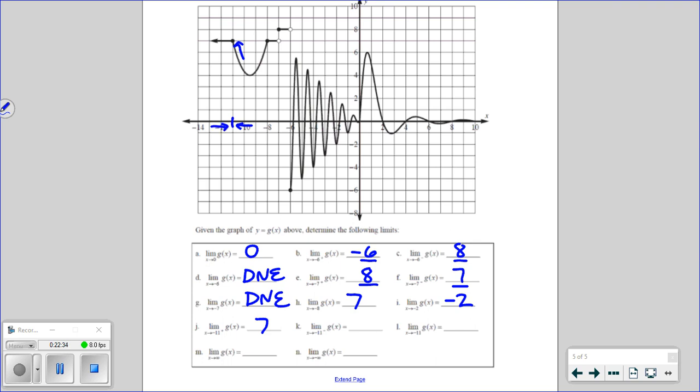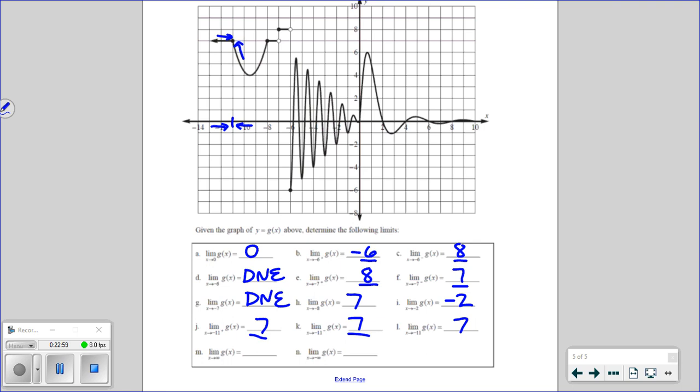If we approach from the left, again, it looks like y is approaching 7. So our next limit is the two-sided limit. x is approaching -11 from both directions, and since this time the one-sided limits are equal, we would say the two-sided limit equals 7.